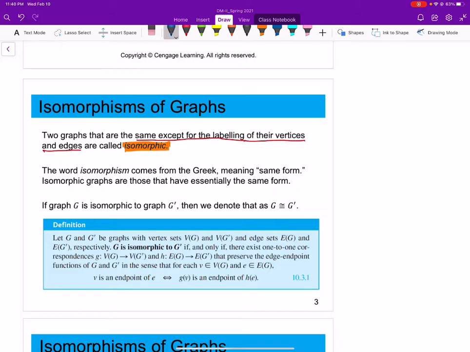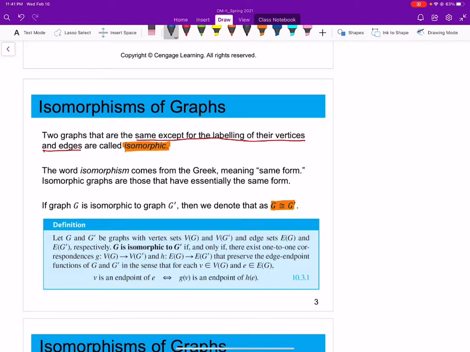The word isomorphism comes from Greek, meaning same form. Isomorphic graphs are those that have essentially the same form. If graph G is isomorphic to graph G prime, then you denote this situation like this.